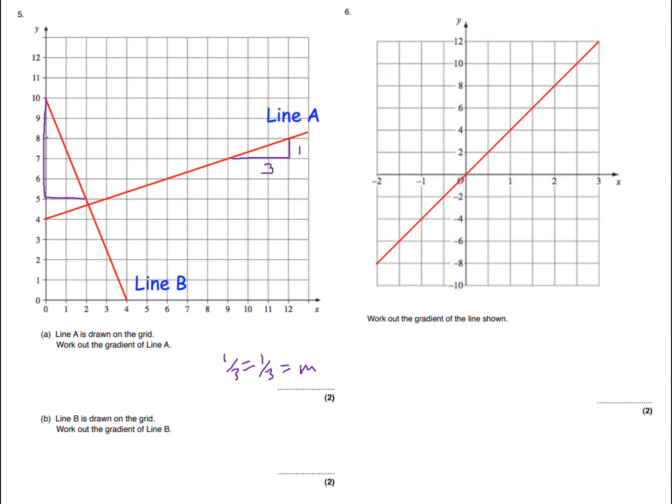You cannot do this to here because you don't know how much that is really. So just try to find an area where it crosses the corners of the squares perfectly. So that's 1, 2, 3, 4, 5 over 2. So that gradient is 5 over 2.